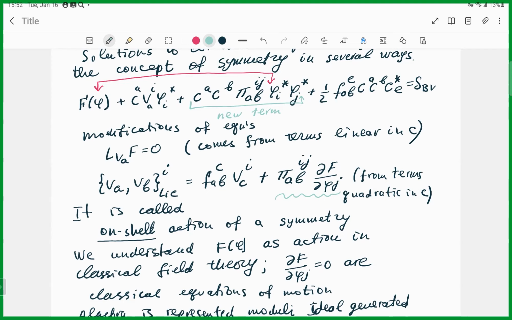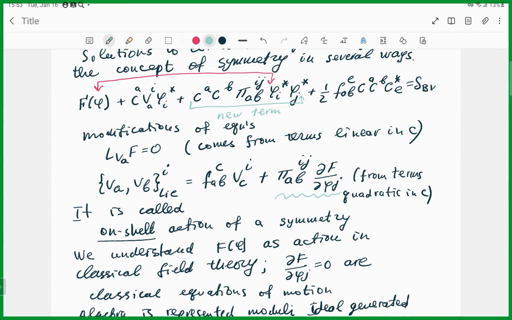So in the classical case, I don't mean classical versus quantum, I mean in the conventional case, symmetries were forming a Lie algebra, and they were independent of the system on which they were acting.